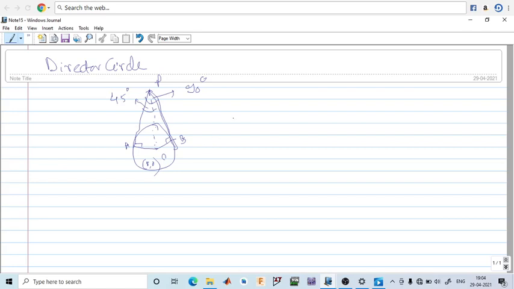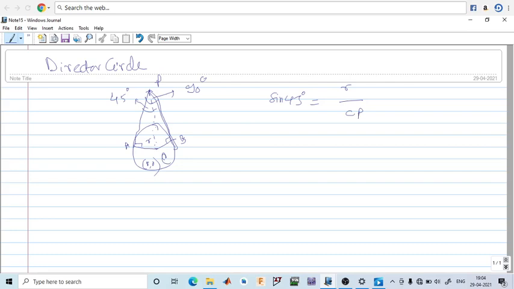From here we can say sine 45 degrees equals R over CP, where this one is C.